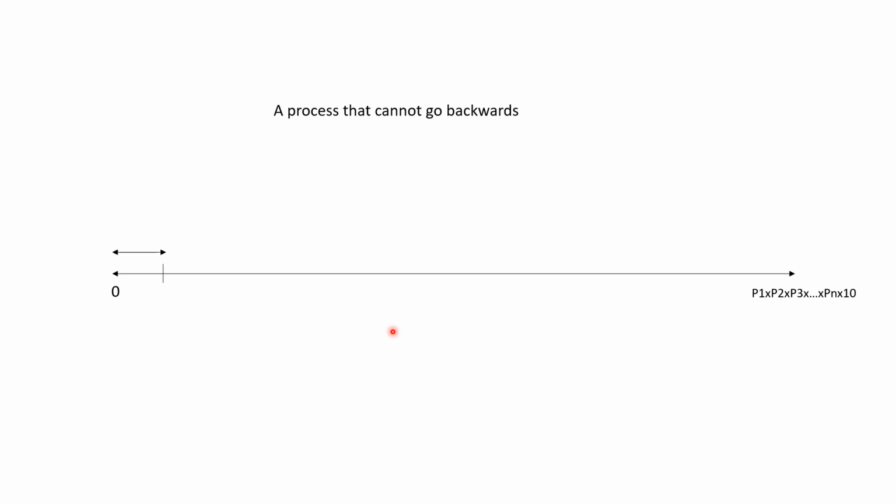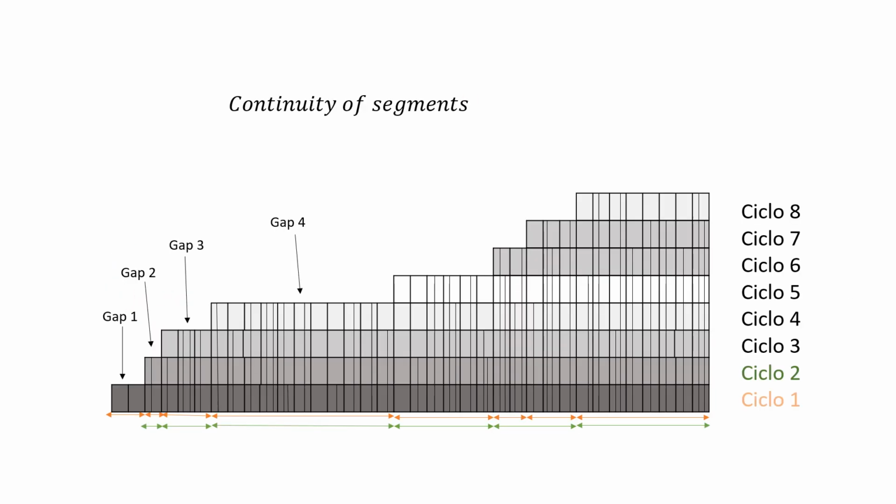So in the next slide, like I said, we're going to explain why those empty boxes are going to appear here in the part where we have the non-composition of prime numbers. In this graph, we show the progression of the main cycle. So we have cycle 1, cycle 2, cycle 3, up and up.